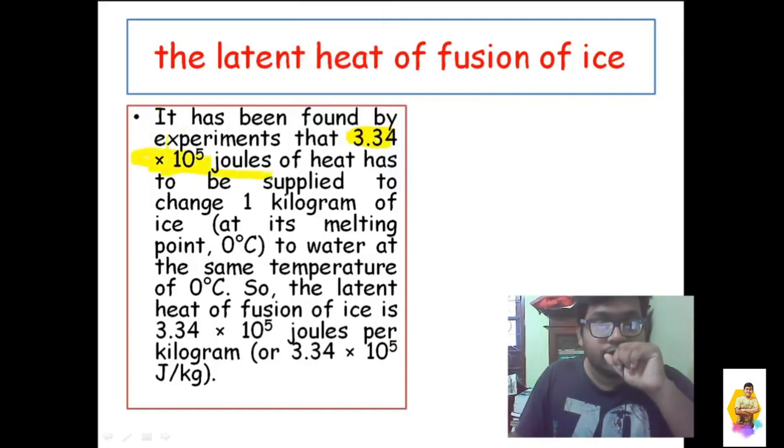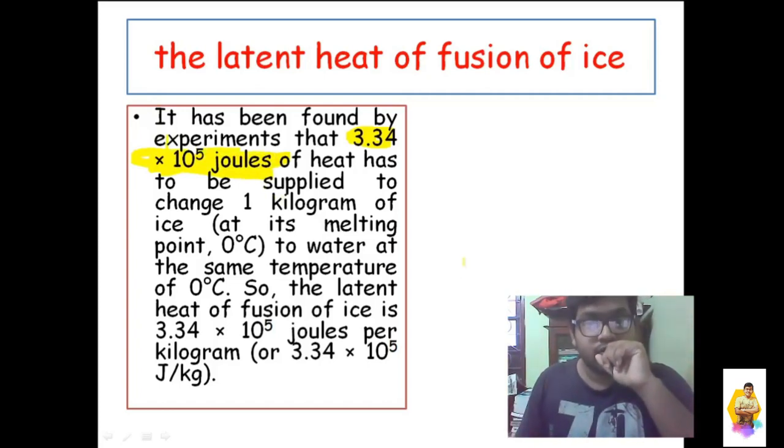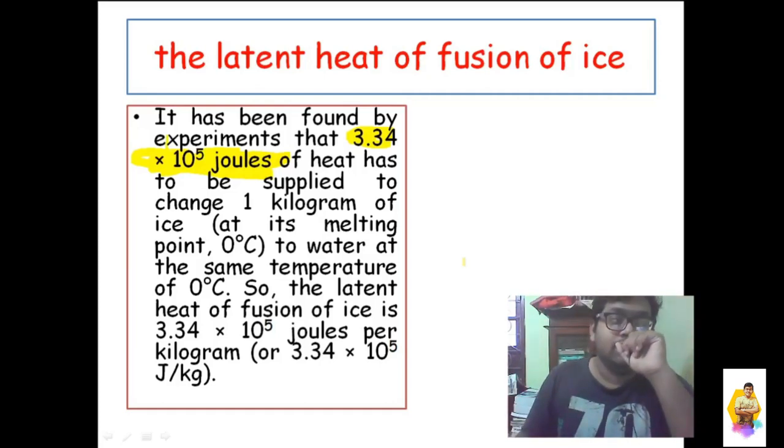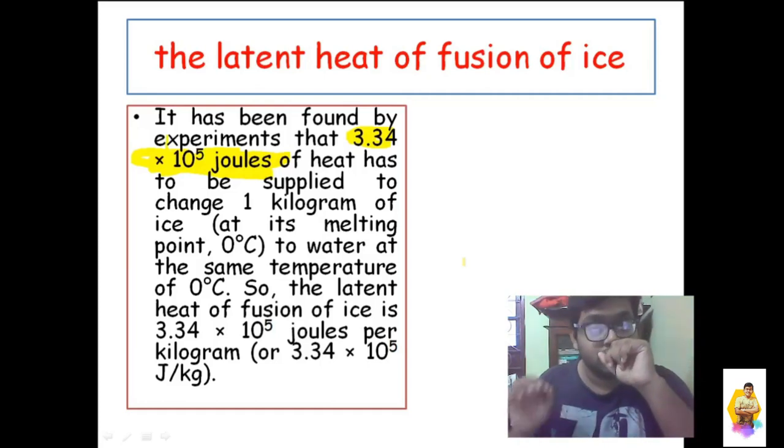This is a very important number. So this much of heat we have to supply to change the state of 1 kilogram of ice. That means we have to convert that ice into the corresponding water. So the latent heat of fusion of ice is nothing but this number, that is 3.34 into 10 to the power 5 joules.